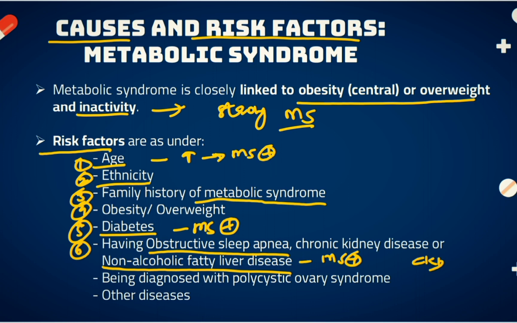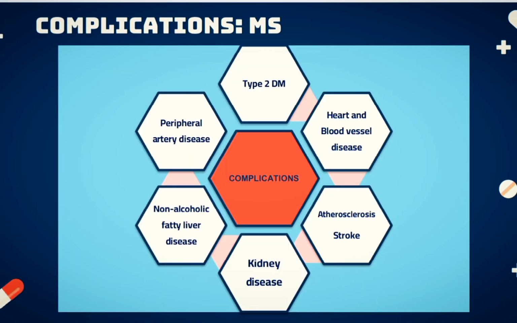If any woman is already positive for polycystic ovarian syndrome, in such a condition also there is a higher risk to develop the metabolic syndrome. Apart from that, metabolic syndrome can be present together with other diseases if any person is having them.